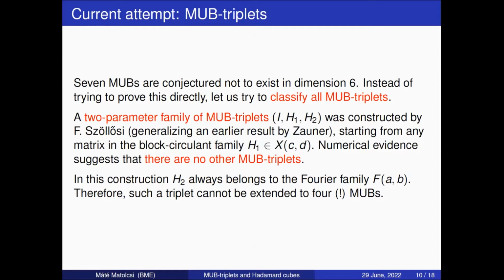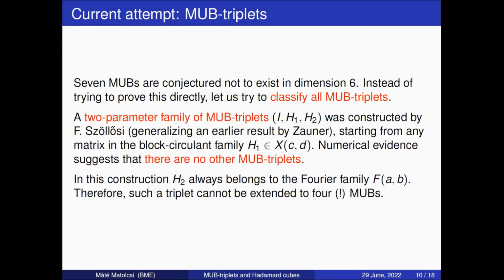So this would be a reasonable approach to say, look, complex Hadamard matrices are too hard to classify because they make a 4-parameter family and we don't get closed algebraic formulas, memory blows up and so on. But actually, MUB-triplets seem to be only a 2-parameter family and given by fairly nice formulas.